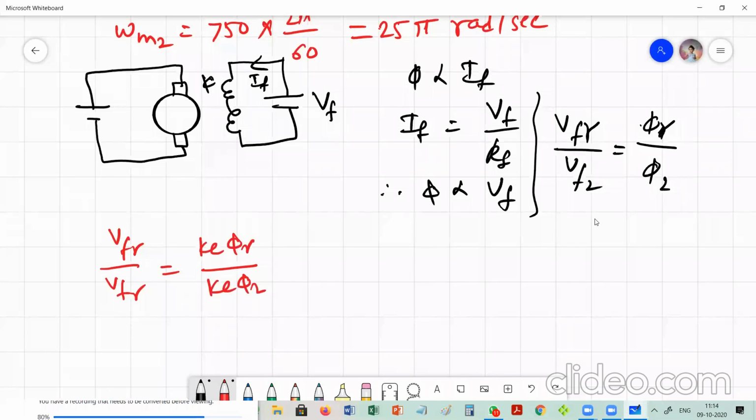I just multiplied numerator and denominator by a constant K. Now we can calculate Ke phi r or Ke phi 2 from the equation of torques or from the equation of back EMFs. In this way we can calculate field voltage.